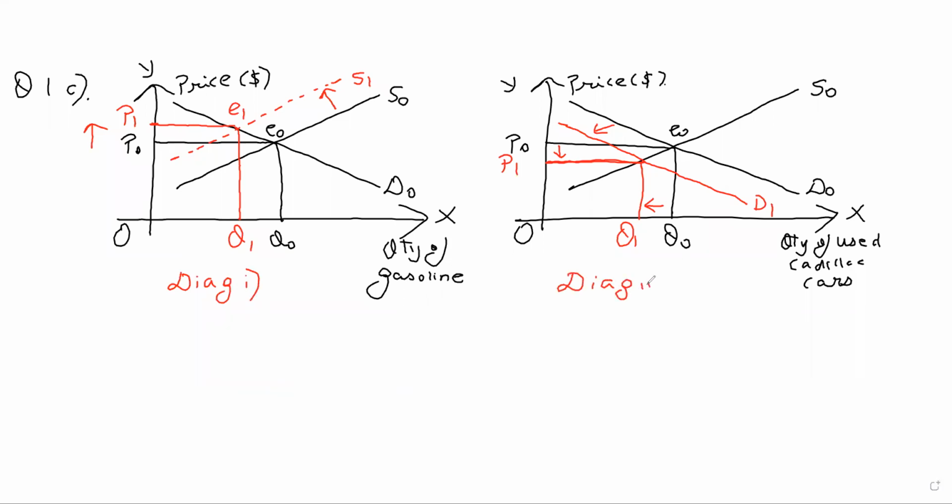You will first write an explanation for diagram 1, then for diagram 2. Then you will link diagram 1 to diagram 2 by saying that gasoline and Cadillac cars are complements. So anyone who has a doubt in question 1 part C, you can unmute your mic and ask.